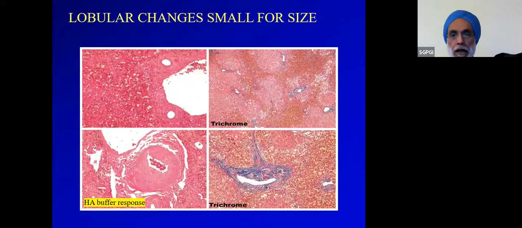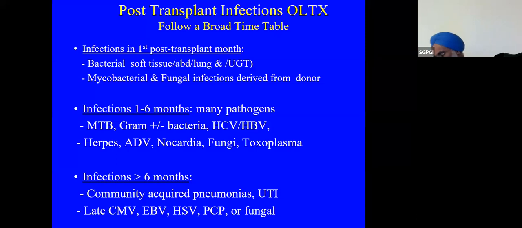So let's take it. Now, what about post-transplant infections? The timing is important. In the first post-transplant month, you typically get bacterial, soft tissue, abdomen, lung infections, and the urogenital infections. You can also get infections derived from the donor, such as fungal and mycobacterial.